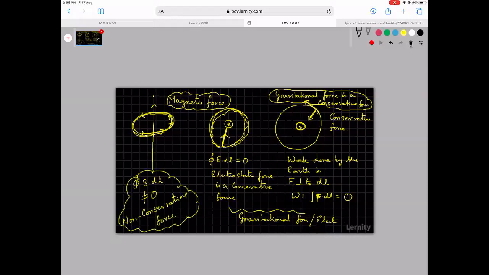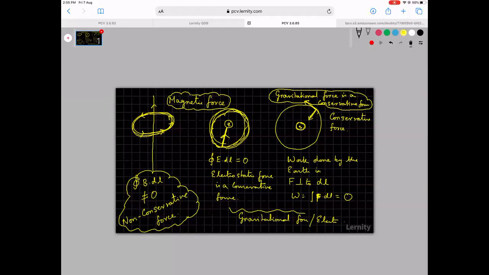Because it is not equal to 0, it's like friction. If there was friction here and you're moving in a circle, work will always be done. So an example of a non-conservative force is frictional force. Another example of a non-conservative force is induced magnetic forces. Here B dot dl is not equal to 0, so what can we say?